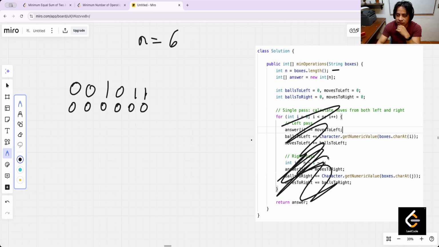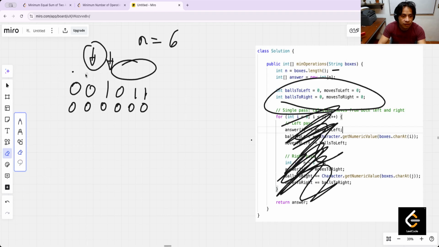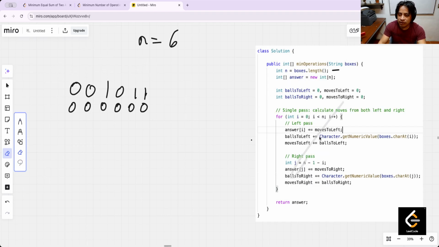I don't remember seeing this solution before, but I think it is for determining, for example, if I am here, how many balls are on this side and how many balls are on the right side, and how many moves I need to reach this position. That is my impression, but let me come back to this.